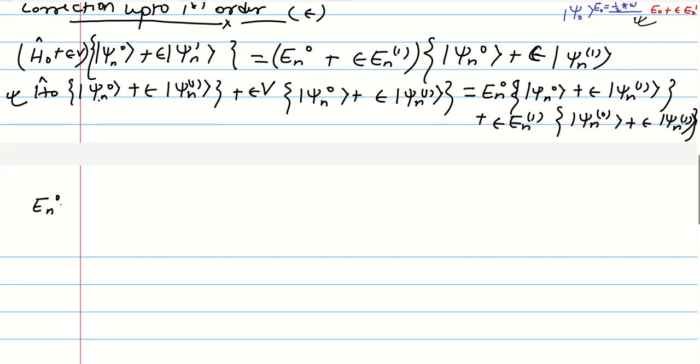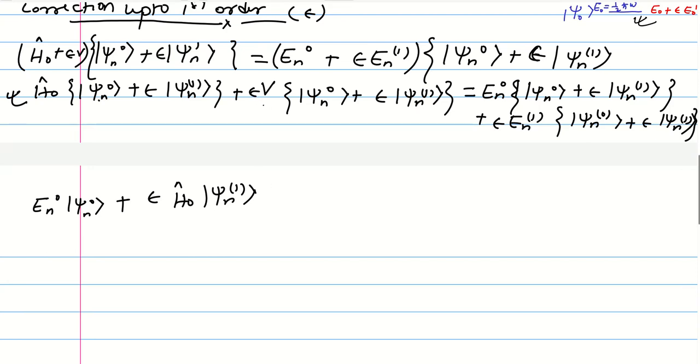So this will give you En superscript 0. Now this will act here and you don't know what the eigenvalue is here, so we leave it simply this way.